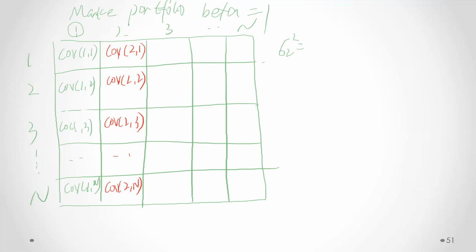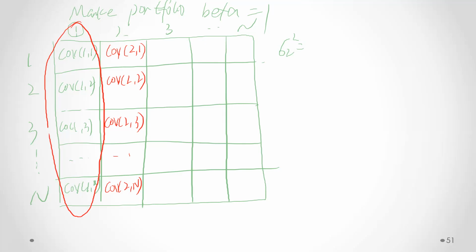For column 1, the whole column is measuring the co-movement between x1 and all the assets included in the market portfolio.